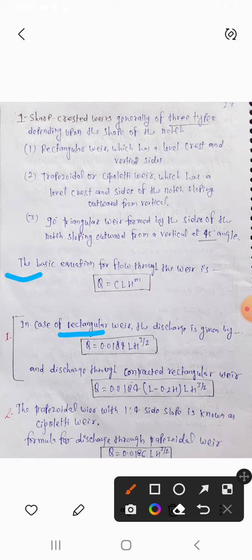Now come to the second, trapezoidal weir with 1:4 side slope, known as Cipolletti weir.